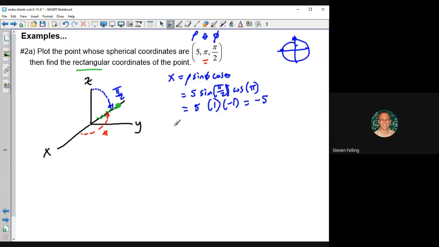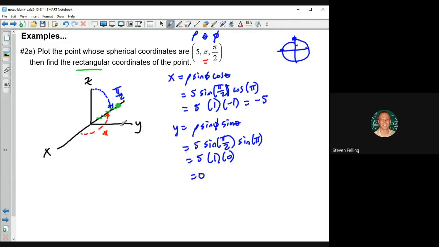That's the x-coordinate. The y-coordinate would be rho sine phi sine theta. So the 5 times the sine of pi over 2, that part's not going to change. But now we have sine of pi. So that's going to be 5 times 1 times 0, or 0.